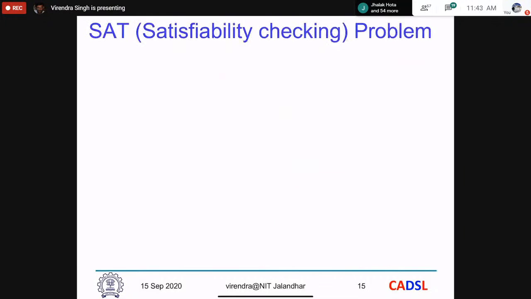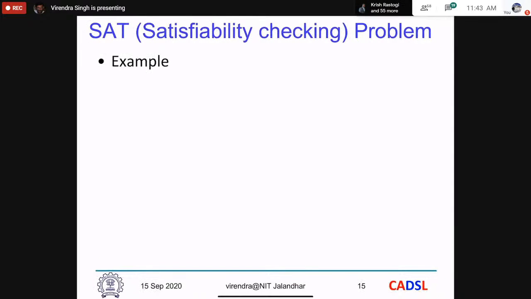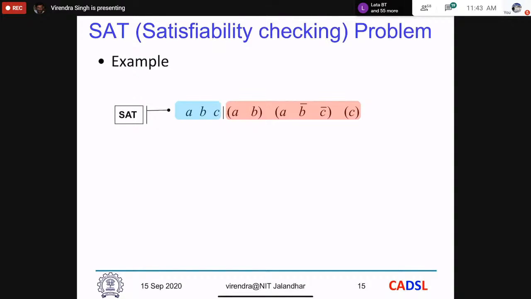Now I'll give you a brief overview of satisfiability checking. Perhaps you might have done that before in your undergraduate curriculum, or during this course.